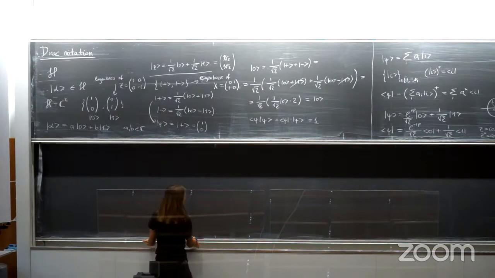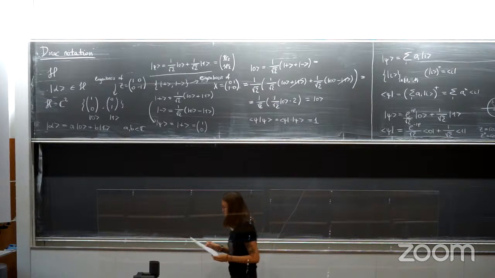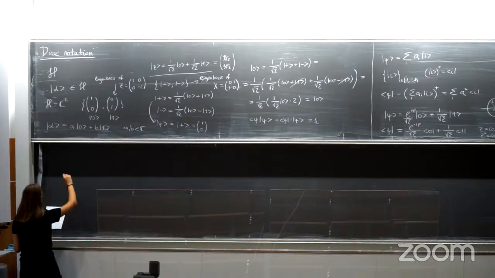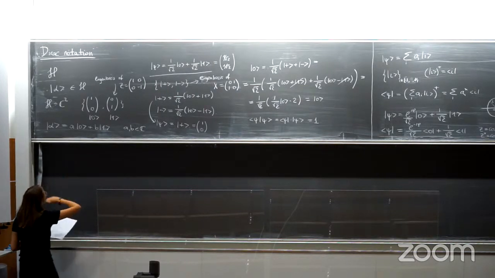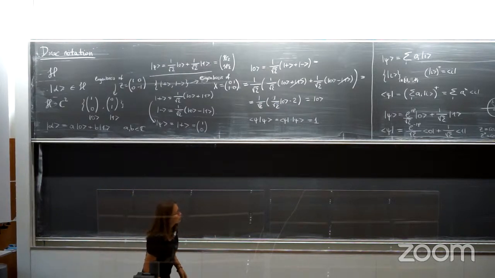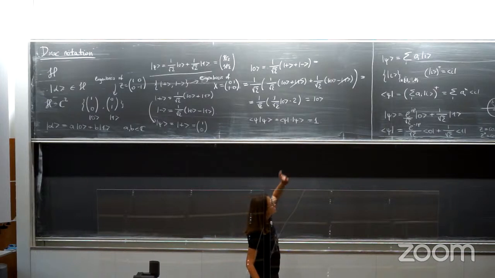Okay, so now let us go to the continuous case. Maybe one more comment just to make things clearer. When we talk about the ket psi, this is an object that lives in a Hilbert space.